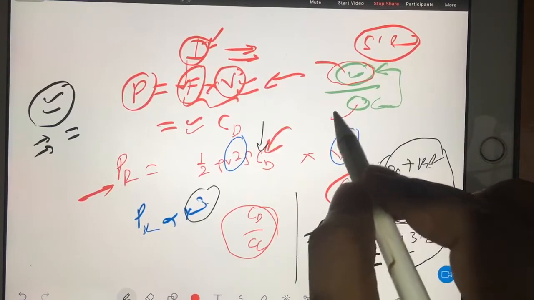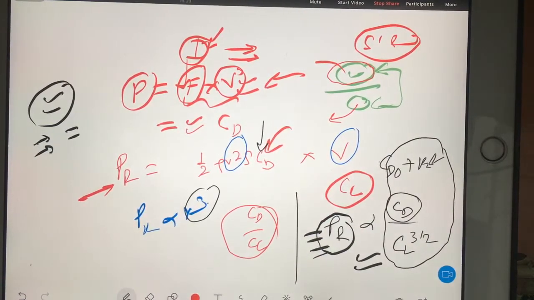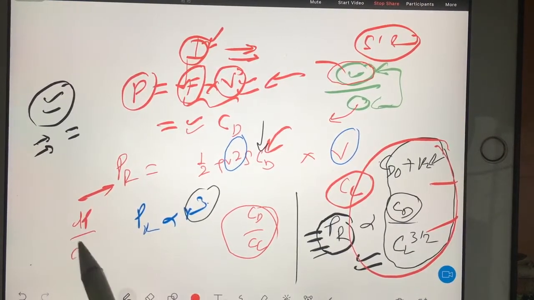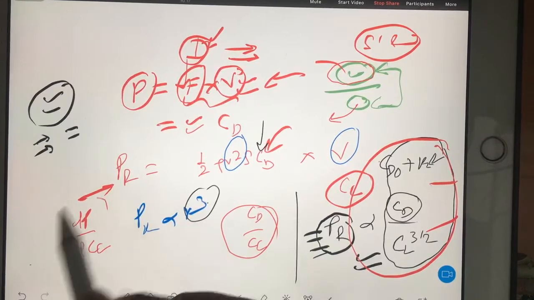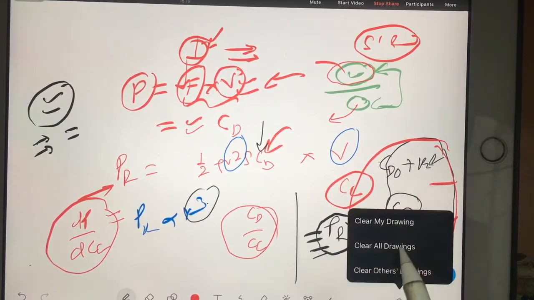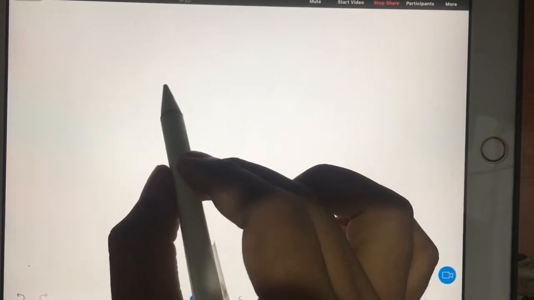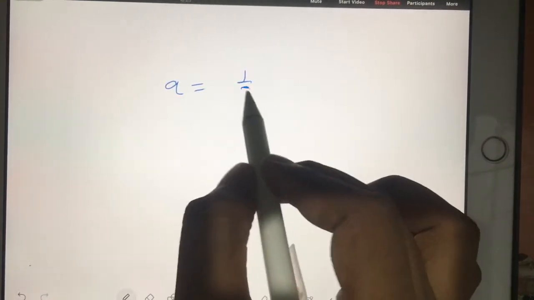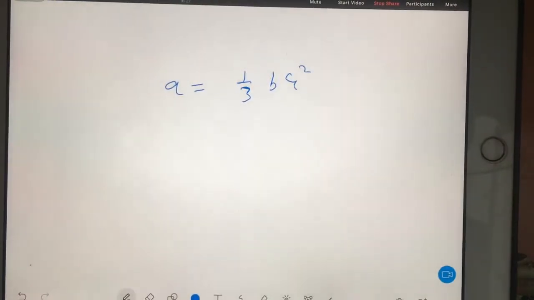But with respect to which quantity? Your entire equation is in terms of CL. So you have to bother about dP by dCL. You will find the equation of dP by dCL, put it equal to 0, and then finally you will achieve that A is equal to 1 by 3 dCL square.